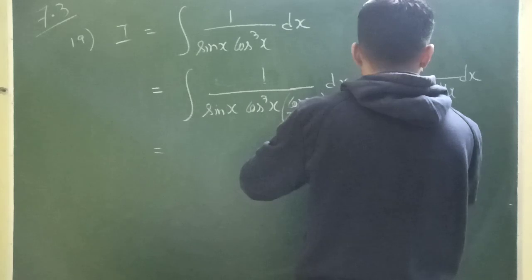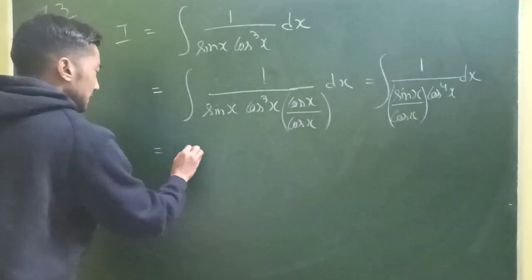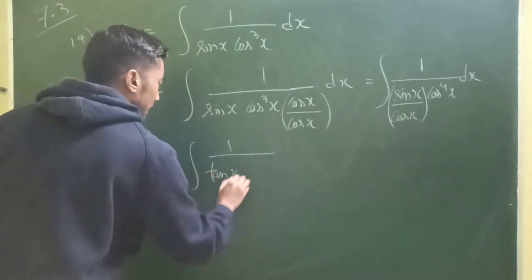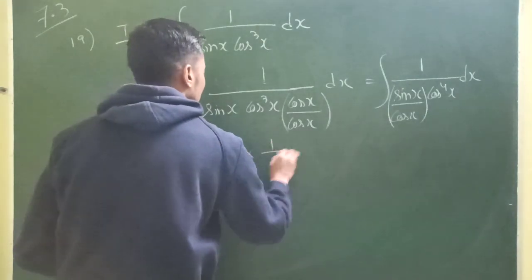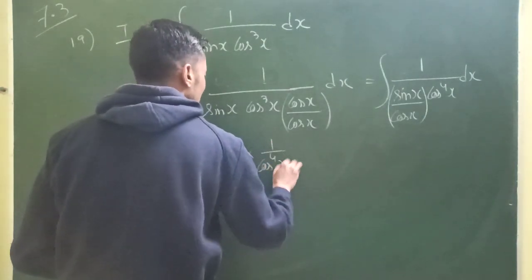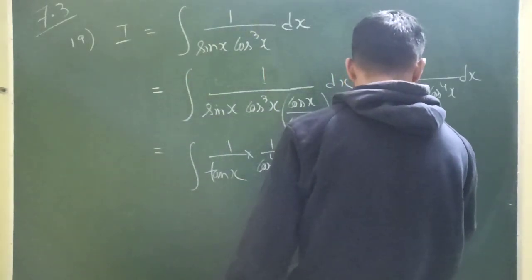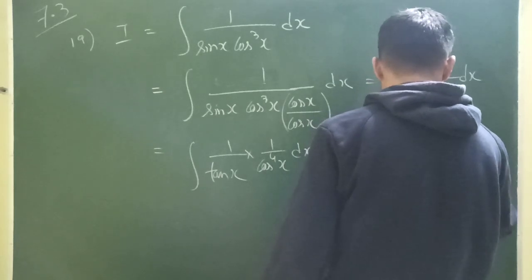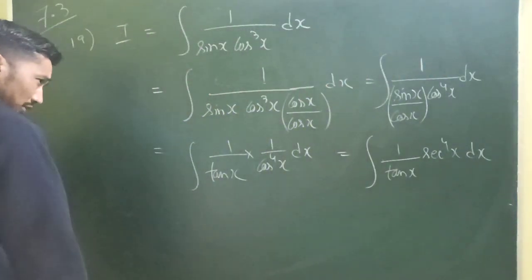A lot depends on how we arrange our problems. So this will become tan x into 1 by cos power 4x with respect to x. So this becomes tan x sec power 4x with respect to x.